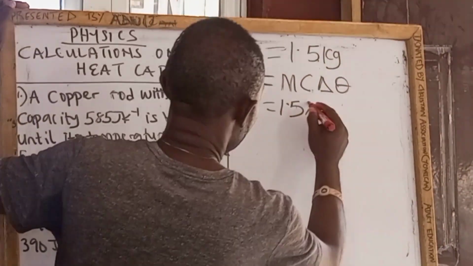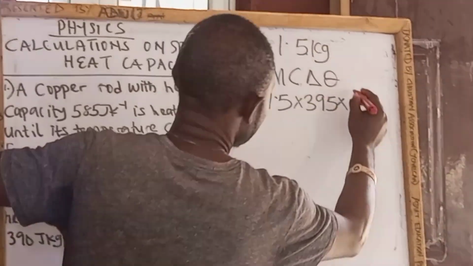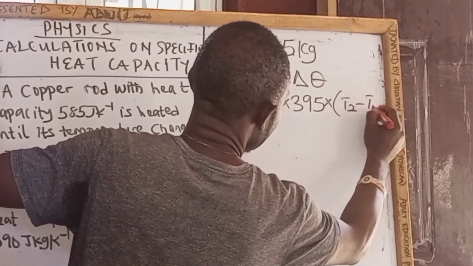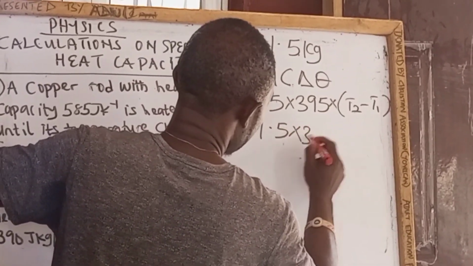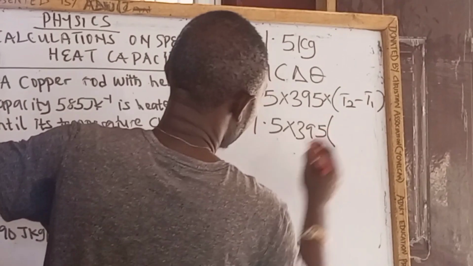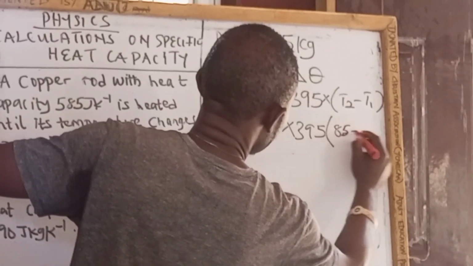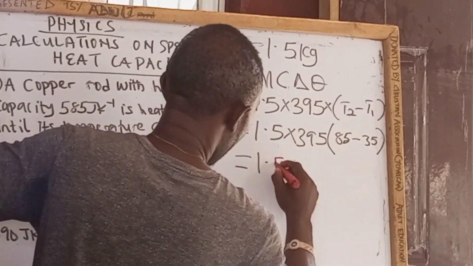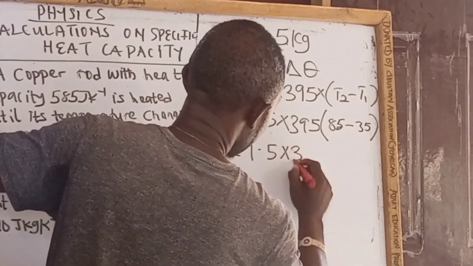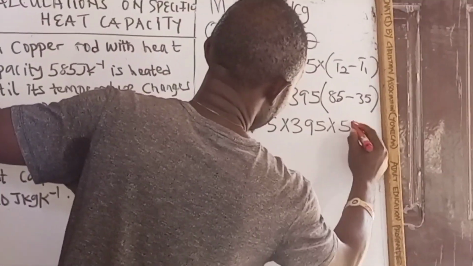And our C, that is 395, times the change in temperature, that is T2 minus T1, which is equal to 1.5 times 395 times bracket, our T2 is 85 minus 35. So that will give us 1.5 times 395 times 50.